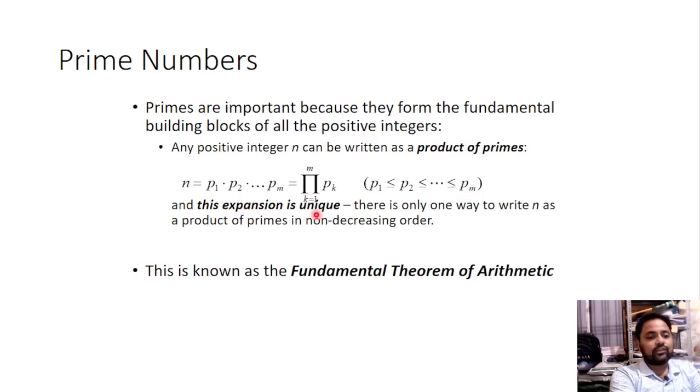And this expansion is unique. There is only one way to write n as a product of primes in non-decreasing order. This is also known as the fundamental theorem of arithmetic. So this is a very important relation.